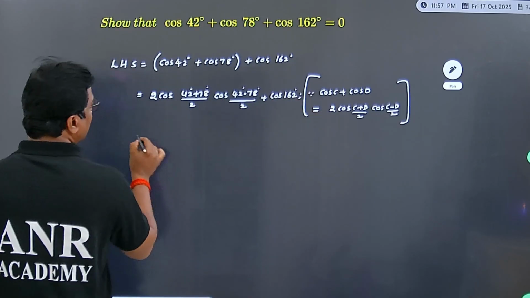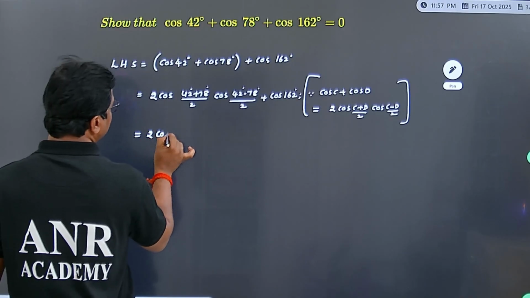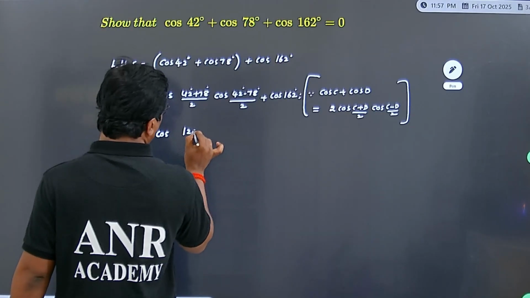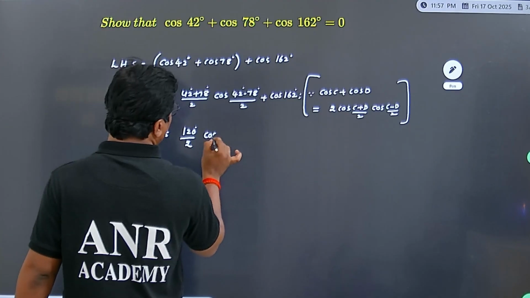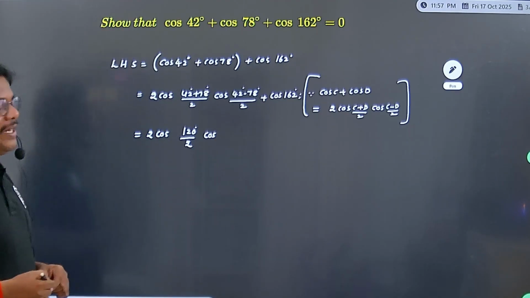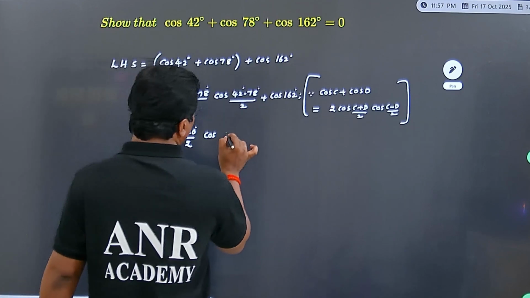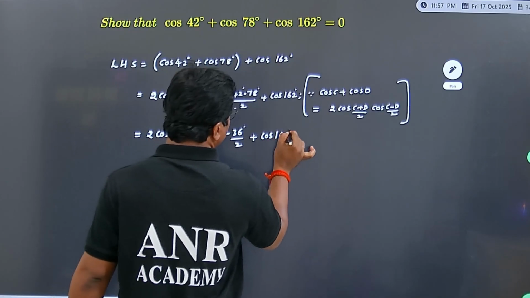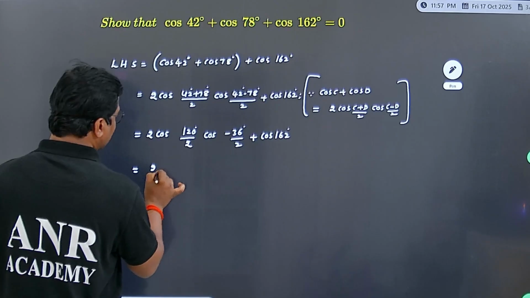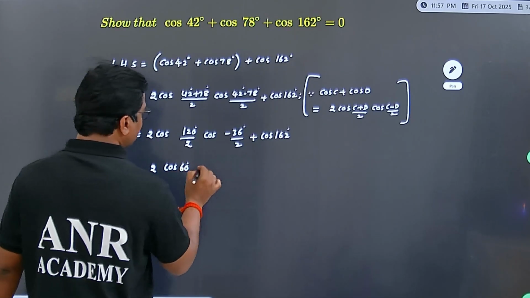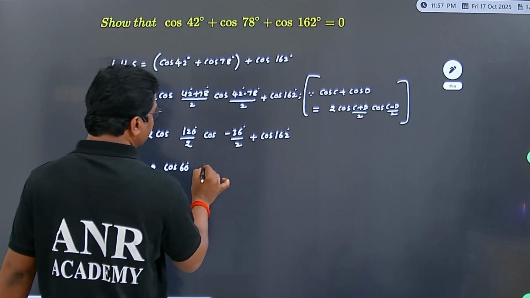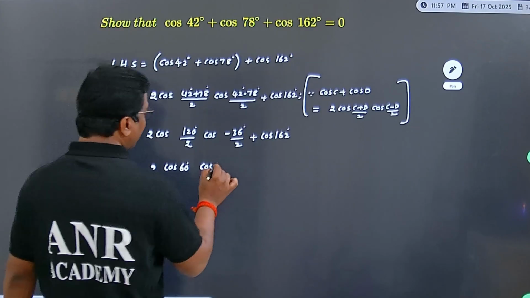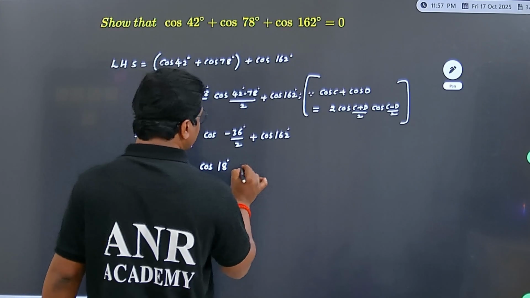Next, 2 times cos of (120 degrees divided by 2), next cos of (42 minus 78, that is minus 36 degrees, divided by 2), plus cos of 162 degrees. It can be written as 2 times cos 60 degrees, next cos of minus 18 degrees. Cos minus 18 degrees is the same as cos 18 degrees. Why? Because cos of minus theta is again cos theta.